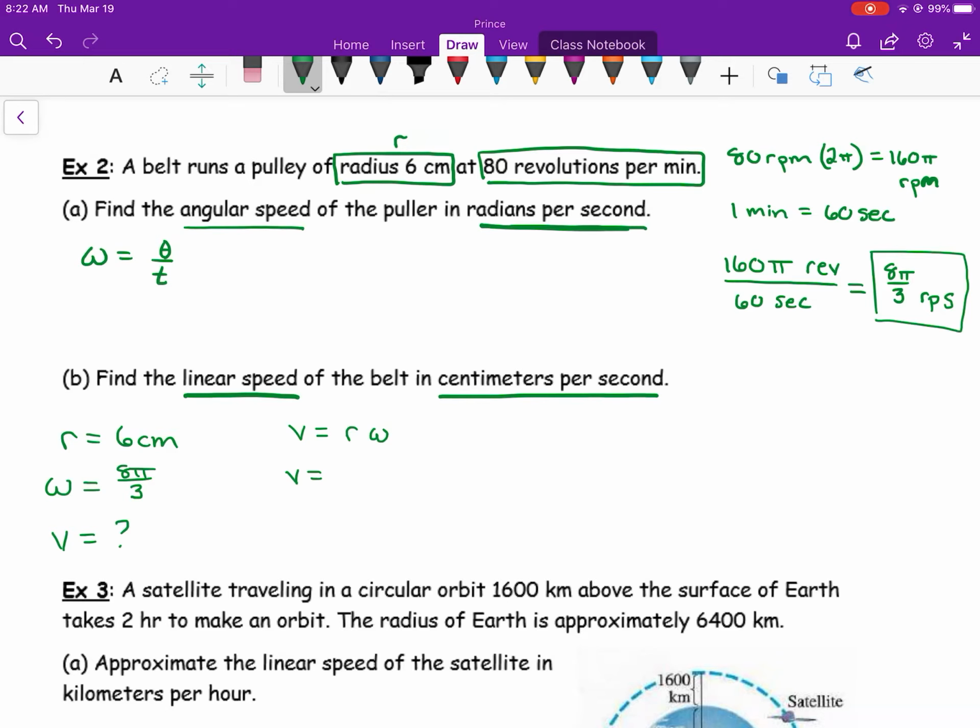So velocity, or linear speed, is 6 centimeters times 8 pi over 3. Velocity is equal to 8 times 6 is 48 pi over 3, which simplifies to 16 pi.